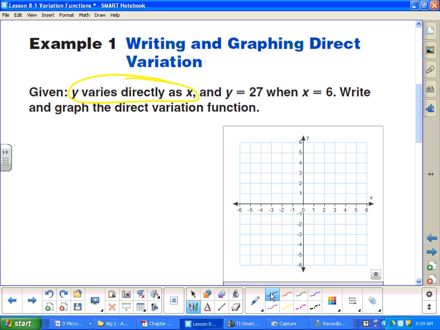Well, for direct variation, we know that y equals k times x. And to be able to write the function, we need to know what the value of k is. In this problem, they tell us what y and x are, so we can use those to find the value of k. So we plug in 27 and 6 for y and x, and then solve it.